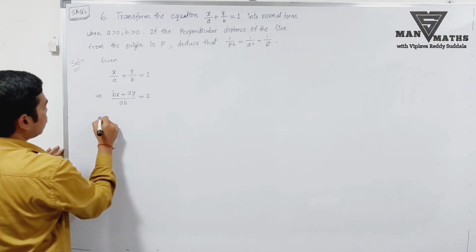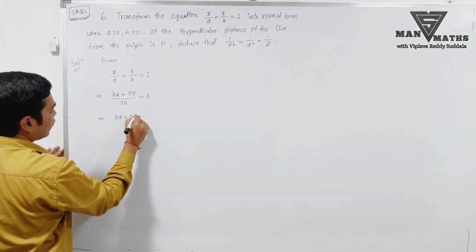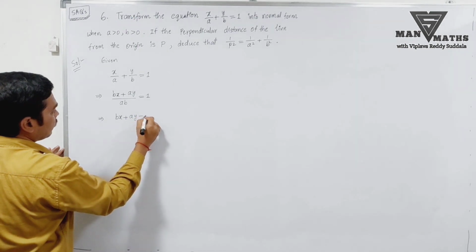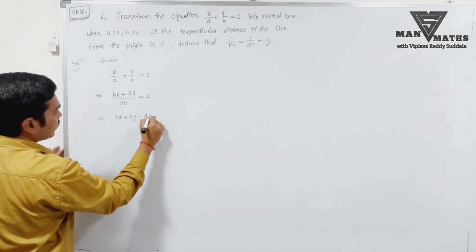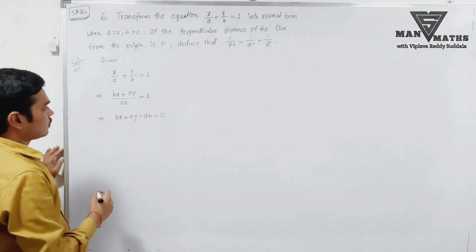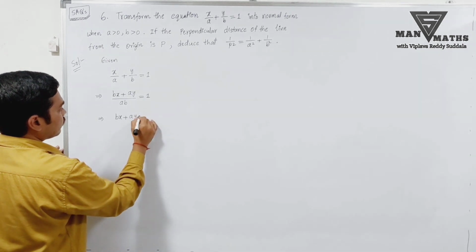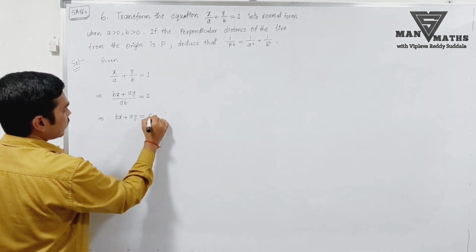From this equation, we get bx plus ay is equal to ab, or bx plus ay minus ab is equal to 0.